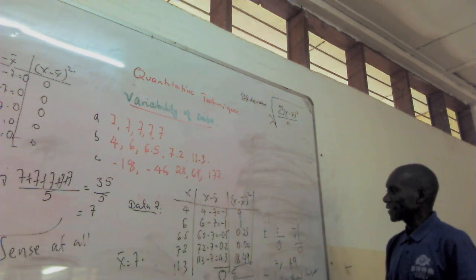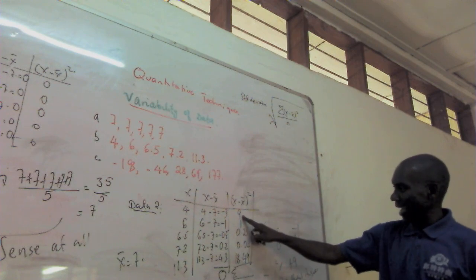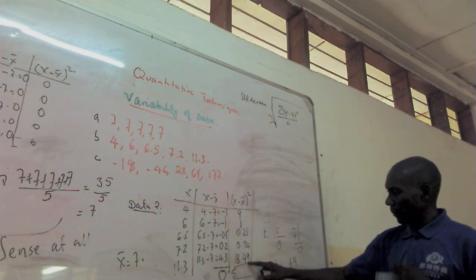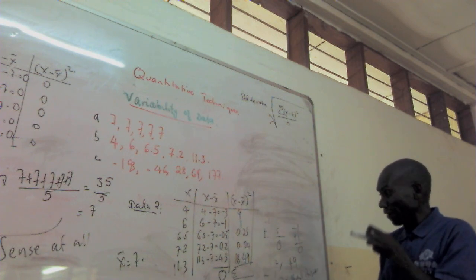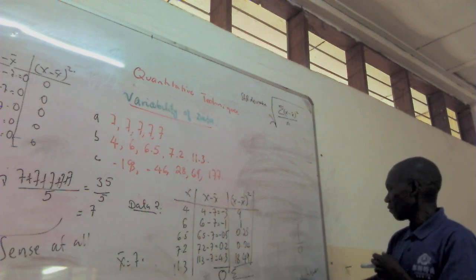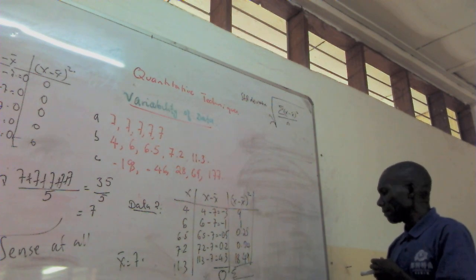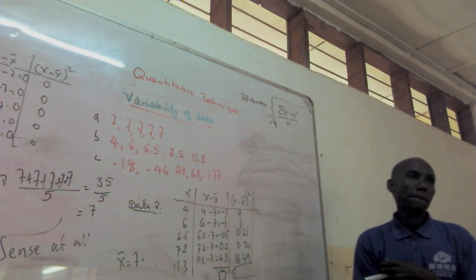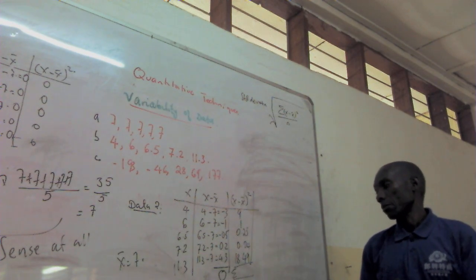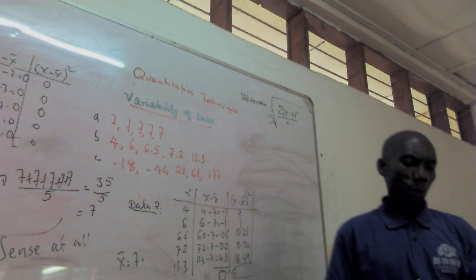Right? So we have seen that the first one will be 9, 1, 0.25, 0.04, 18.49. Then you have to find the sum. So what will be the sum of that? Add the numbers.